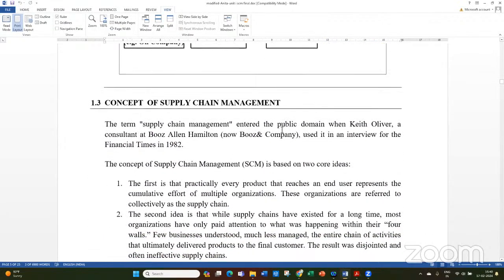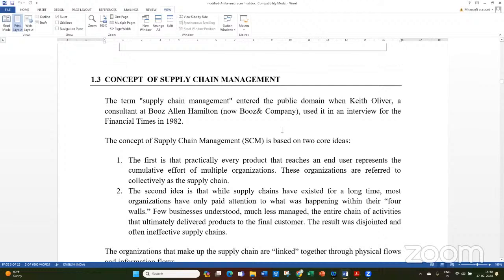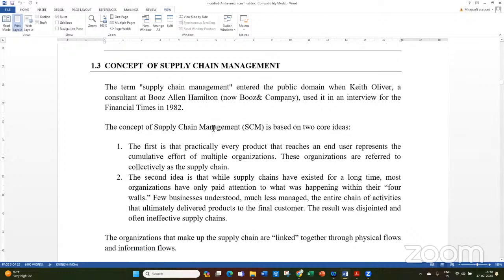So the key idea was developed in supply chain management in 1982.